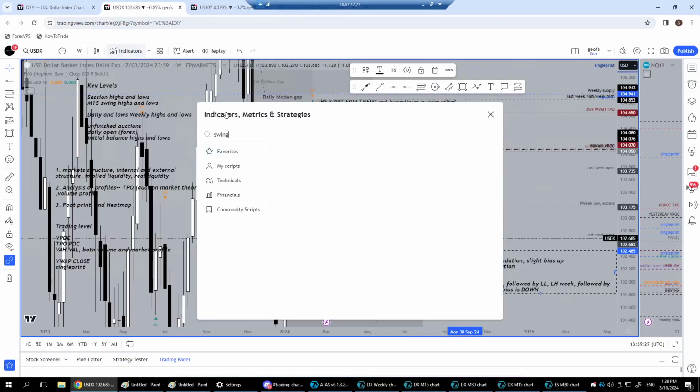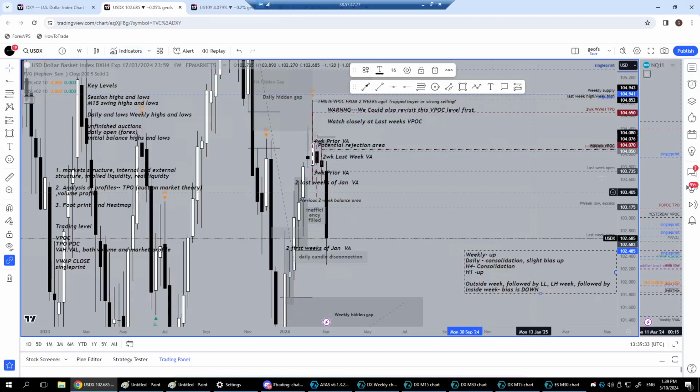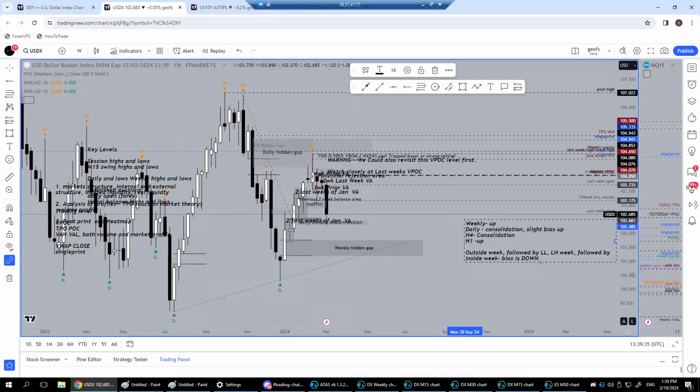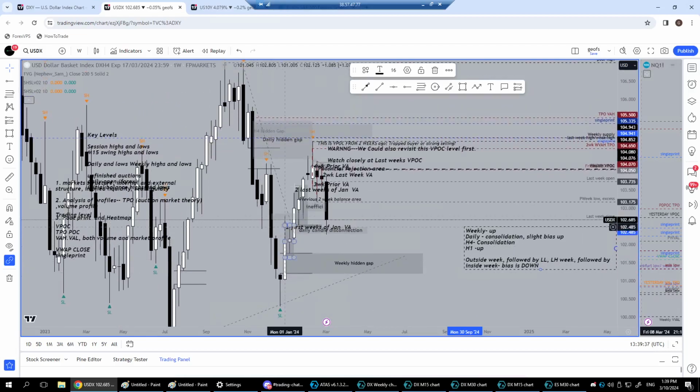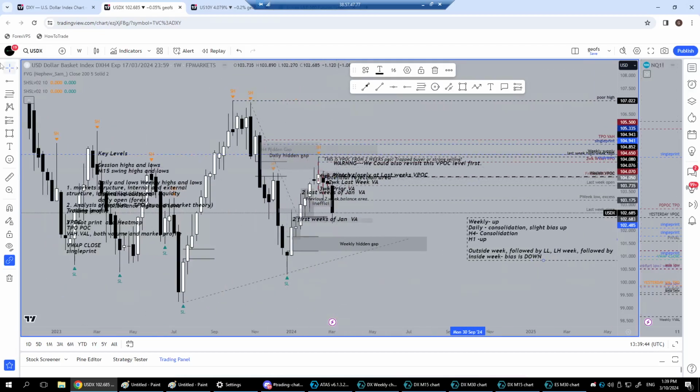Swing. Always start by noting the swing structure. So if you notice in the dollar, actually, we're in kind of a compressing range here. You could almost draw a trend line like that.